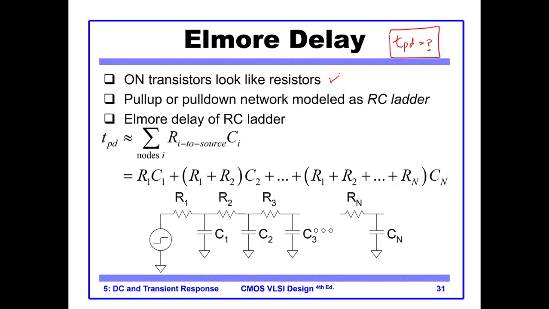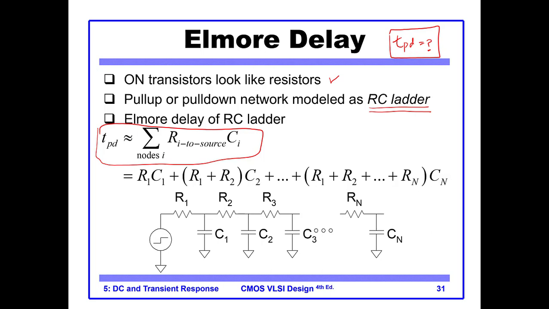When the transistors are on, you just see resistors and capacitors. So the pull up and pull down networks are modeled as what is called an RC ladder, and the Elmore delay of an RC ladder is this one. TPD is approximately equal to the summation of R_i-to-source times C_i.